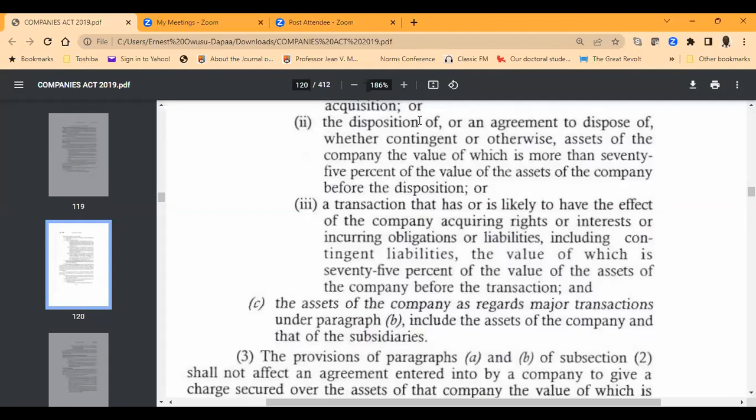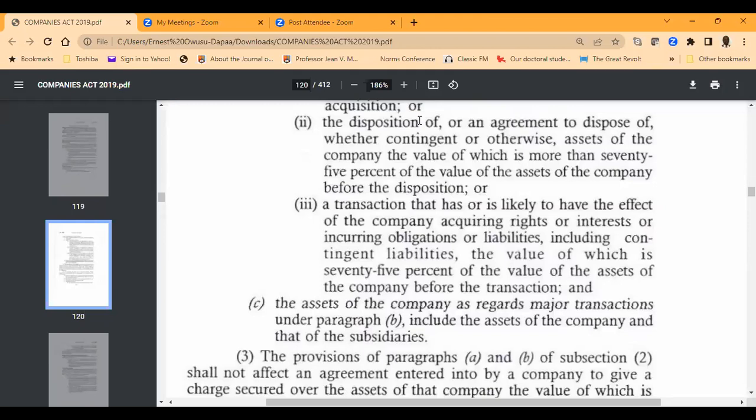You can have various permutations or configurations of various variants of that. So all those things will be taken care of under (iii). Yeah, so if it falls within that, then that is a major transaction, as it were.